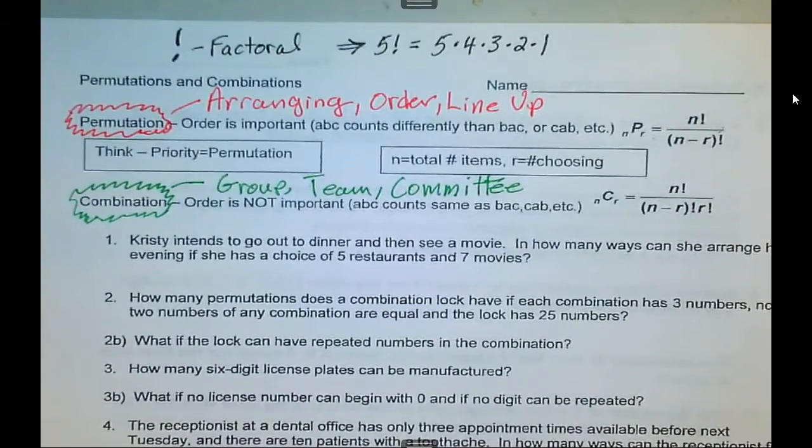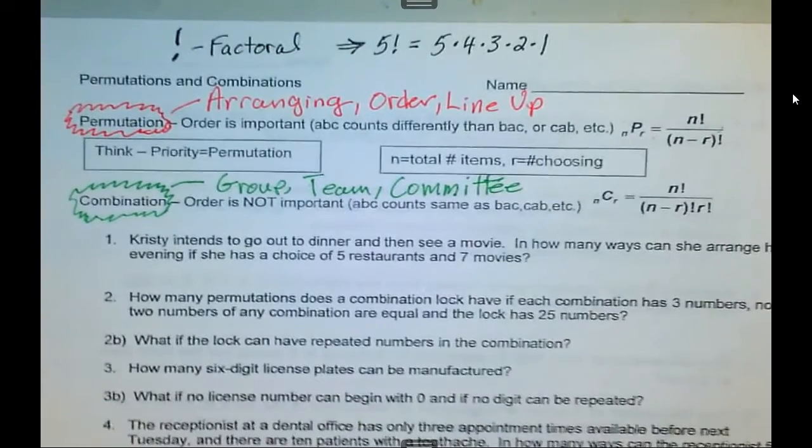If it's 6 factorial, it's 6 times 5 times 4 times 3 times 2 times 1. You will be dealing with hundreds of factorials. However, are you going to sit there and manually, like at the college level, multiply out 100 factorial? No. You have a factorial key in your calculators.